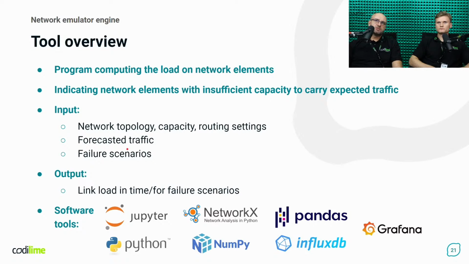So we developed such an engine using the Python language, and this is also the bunch of the crucial libraries we used: NetworkX for analyzing the network topology, NumPy and Pandas standard libraries for processing time series data. We store the results in the database InfluxDB, which is a database specialized for time series data, and we use the Grafana framework for building useful dashboards.